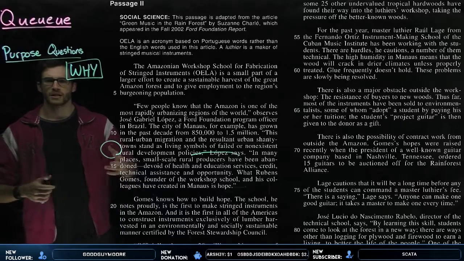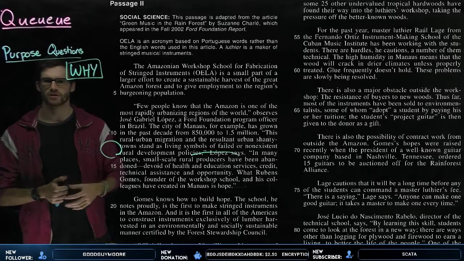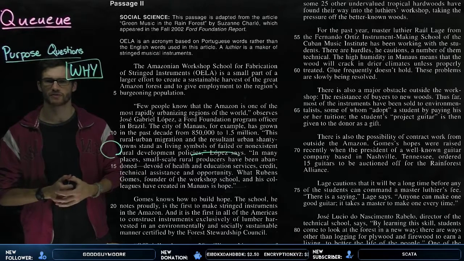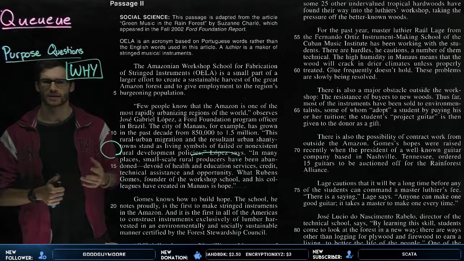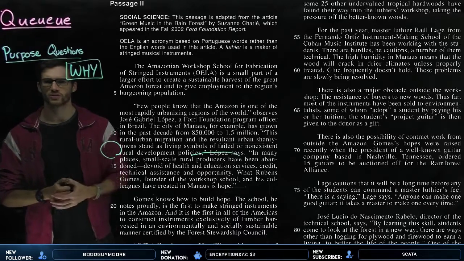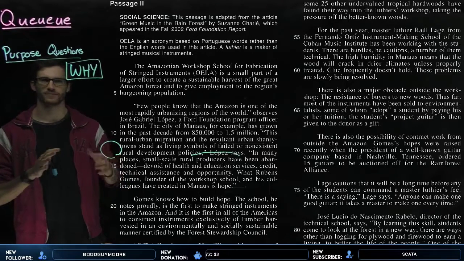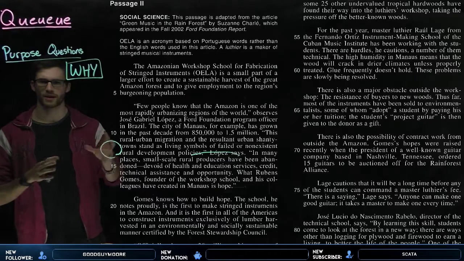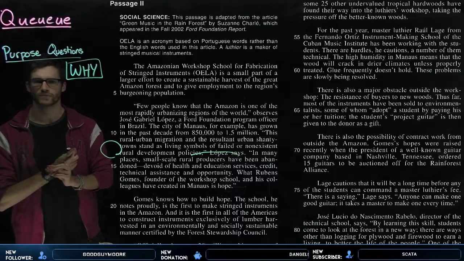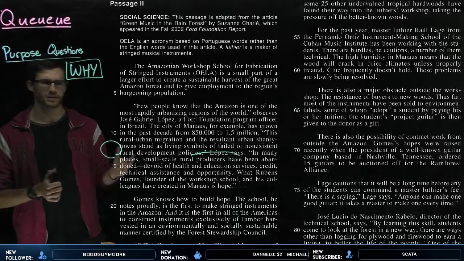And the city grew really big, and there are little shanty towns that have popped up, yada, yada, yada. What Gomes, founder of this workshop school, and his colleagues have created is hope. Okay, great. So the Amazon is urbanizing really quickly, and there's this one town that got really big, but all these towns are really bad.